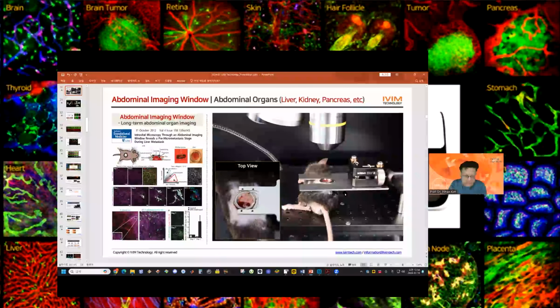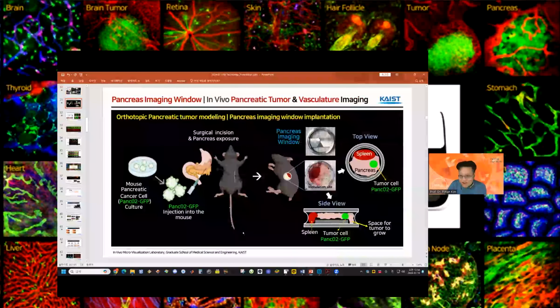So the window is fixed, and then the pancreas is fixed inside this imaging window on this base plate in the middle of this imaging window. So we don't have motion artifact due to breathing in the pancreas imaging window cases.